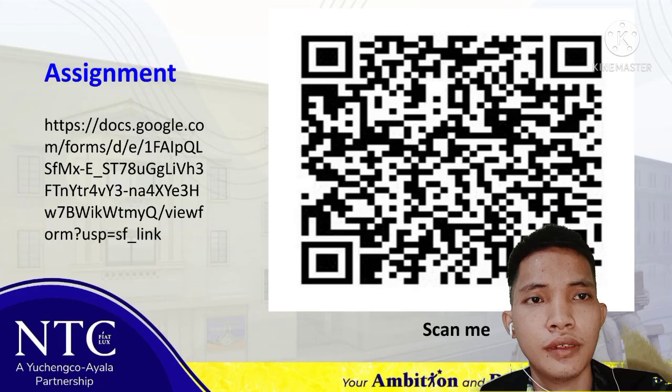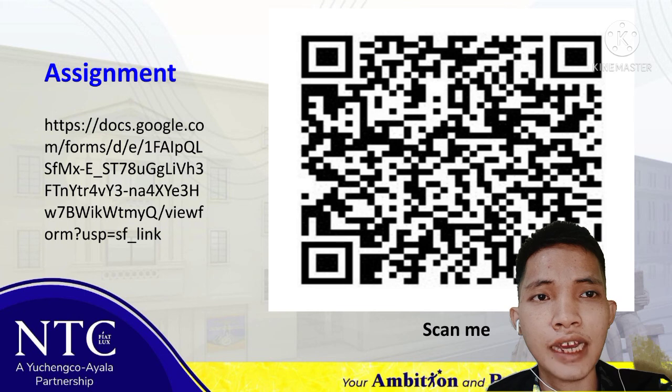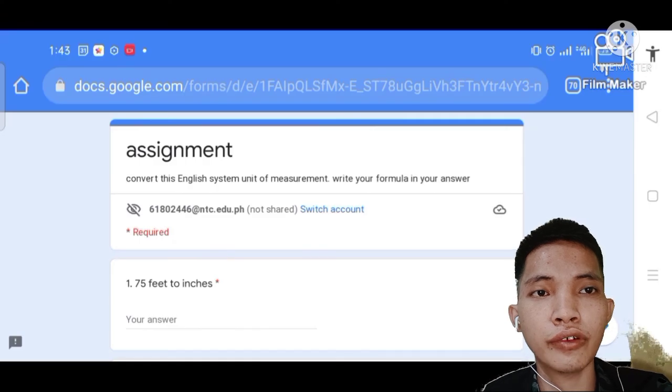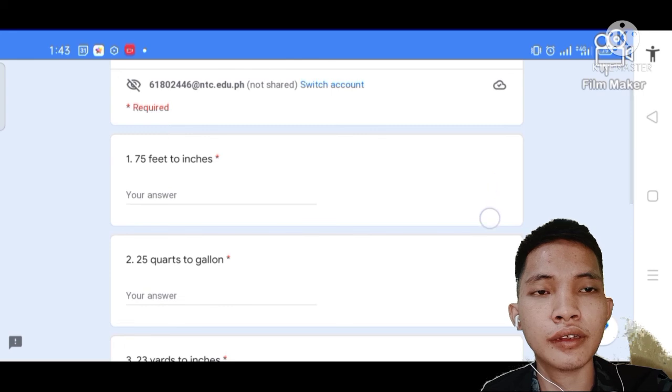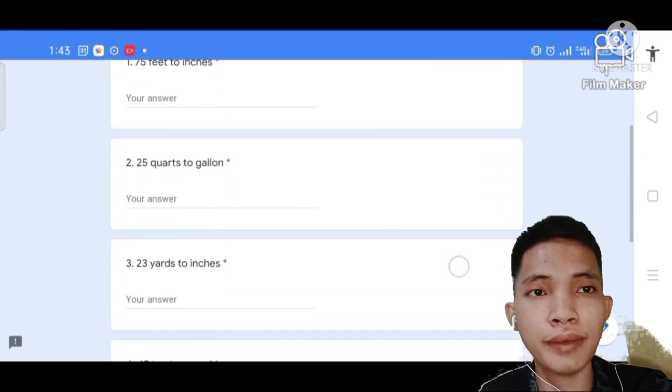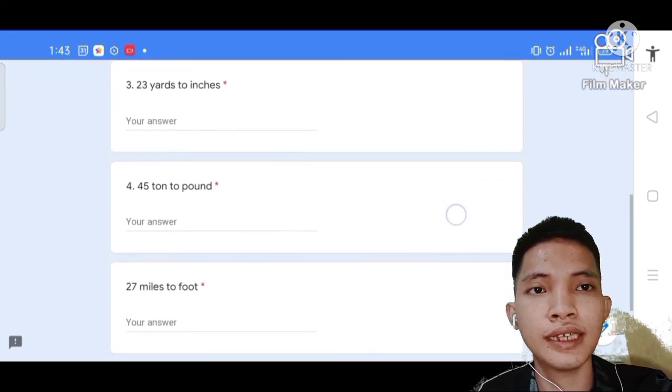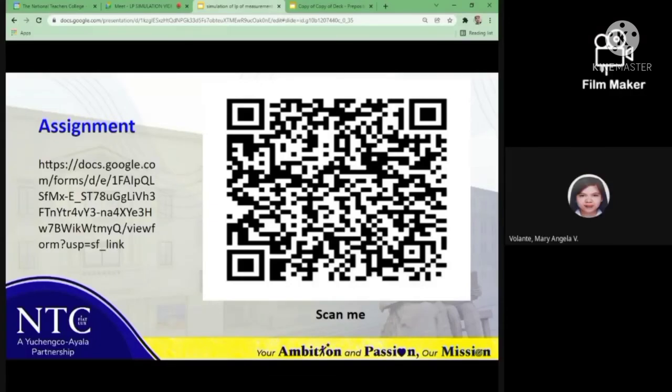Okay, that's good. For your assignment, class, please copy this link or scan this QR code to open your Google Form assignment for the next session. Yes, sir. We have a copy of the link of our assignment.